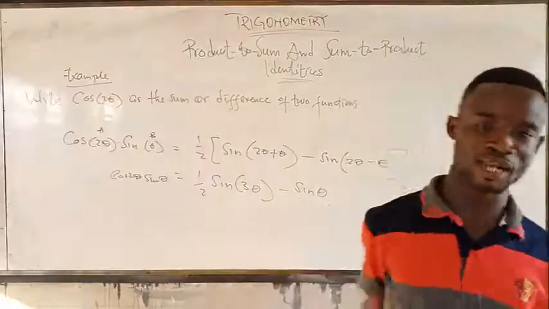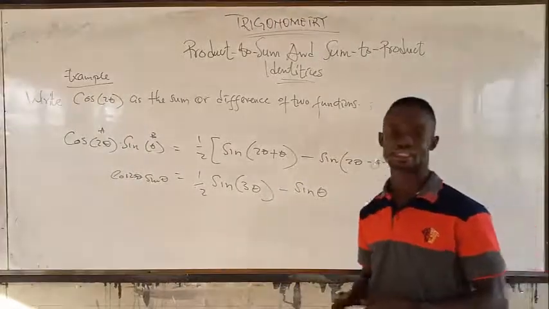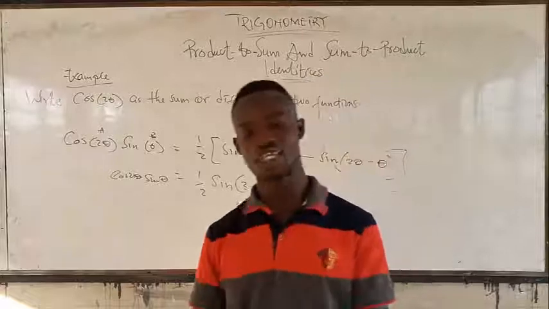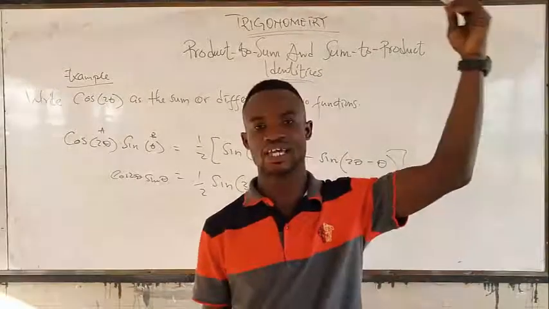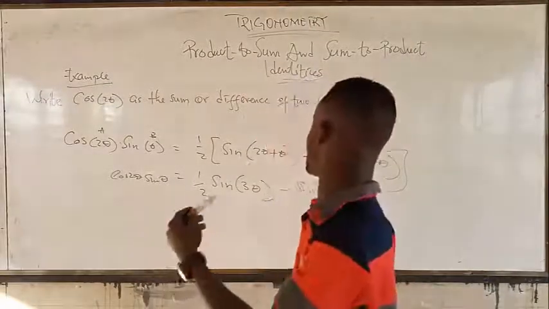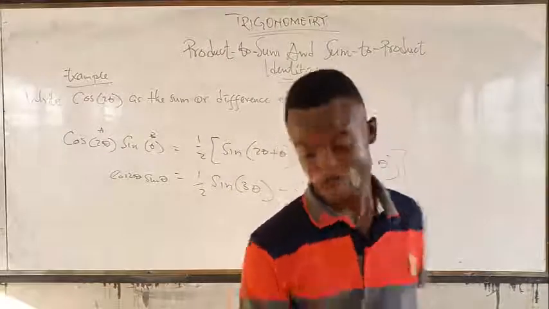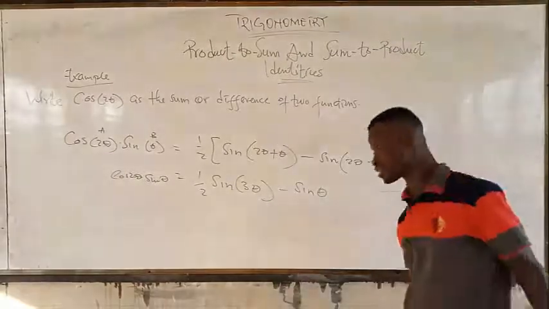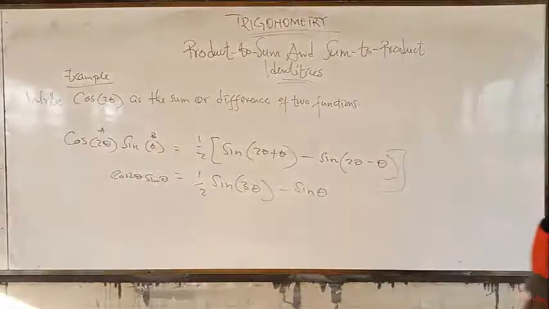So let me give you the formulas for the sum to product identity. The first four we derived is product to sum. So now let me give you the sum to product. But because of time, I may not be proving it for you. Let me give you the formulas to write.